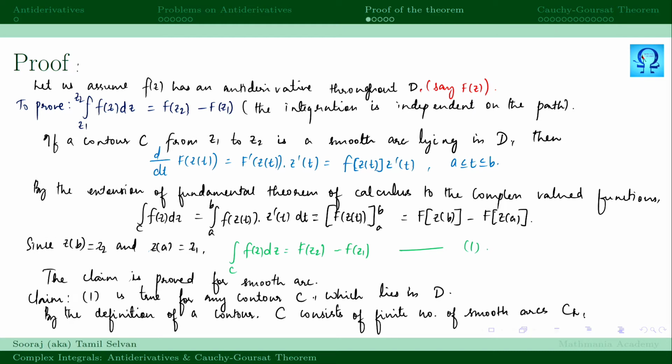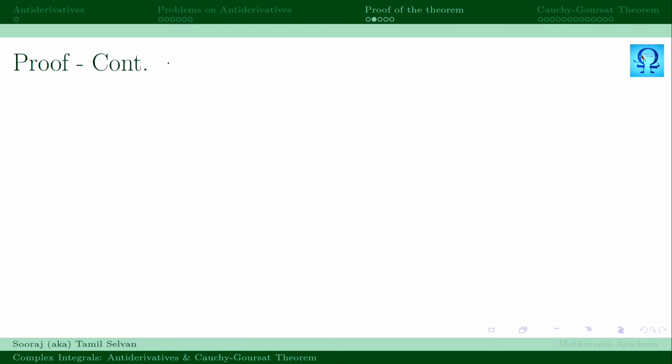Let me name them as Ck with k running from 1 to n, and each Ck extending from zk to a point zk plus 1. From zk to zk plus 1 it is moving. So then by the previous arguments.